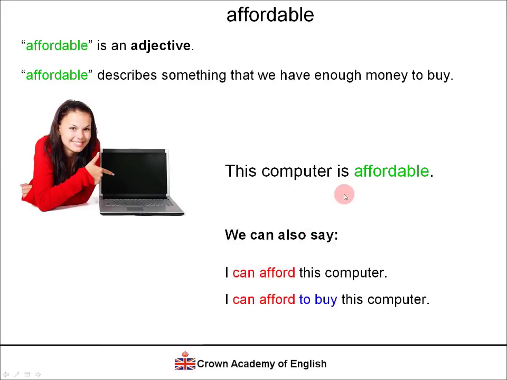So here we see the structure using an adjective. So the adjective is describing the noun computer. And here we have can afford followed by a noun, computer. And here we have can afford followed by the infinitive. So here we see all three structures, three different ways of saying the same thing, because the meaning is the same here. Okay?